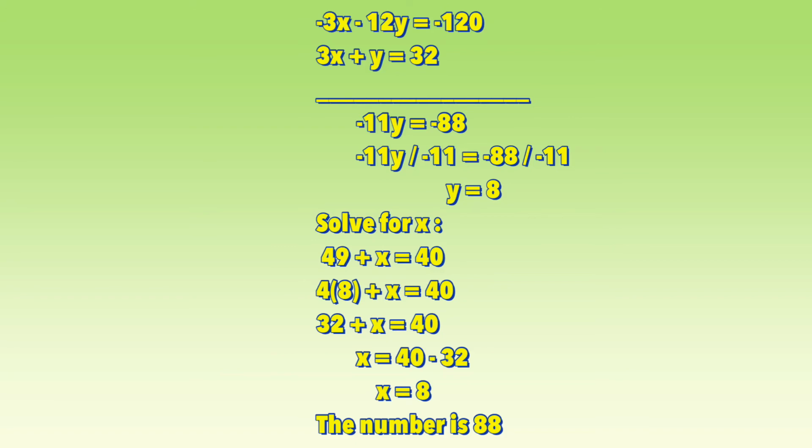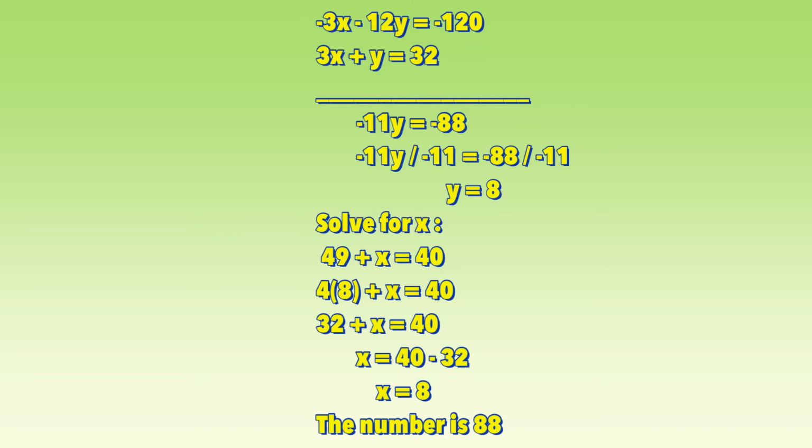Negative 3 times 4y equals negative 12y. Then 40 times negative 3 equals negative 120. Then copy the second equation, 3x plus y equals 32.